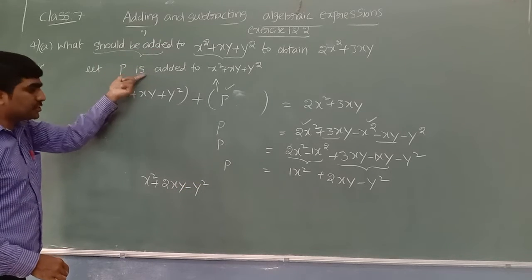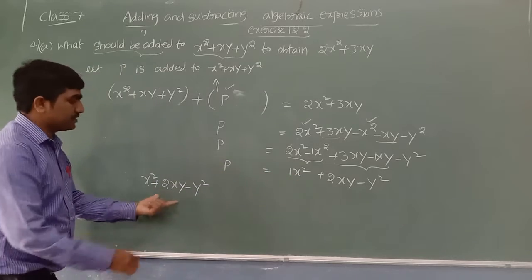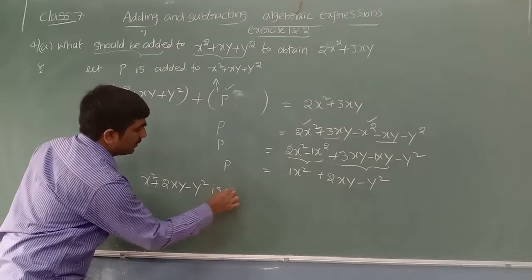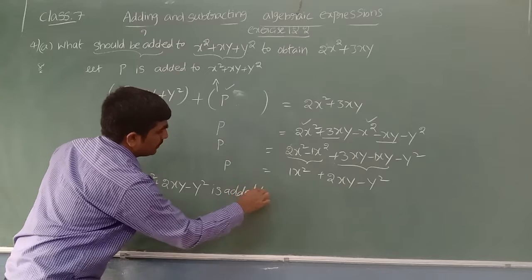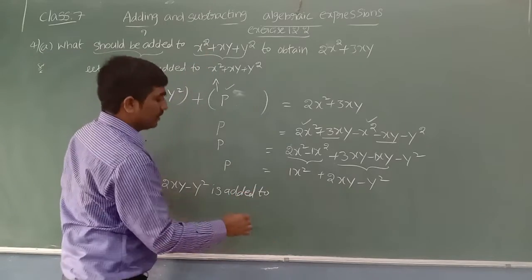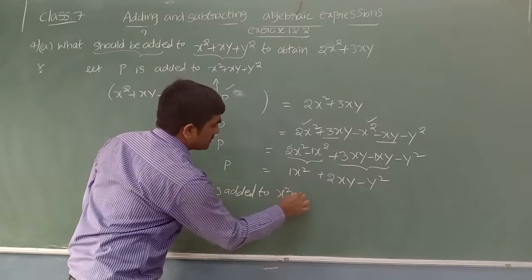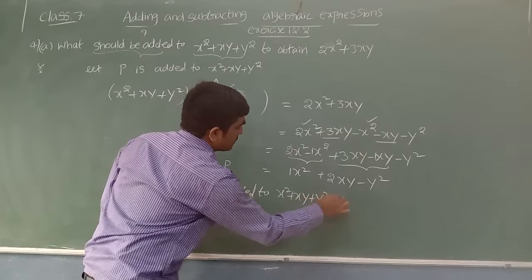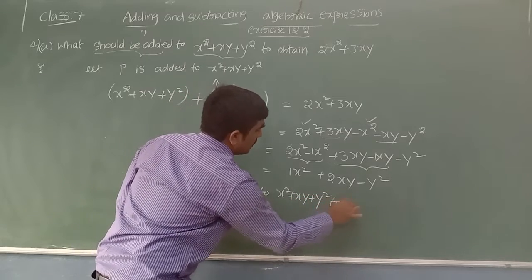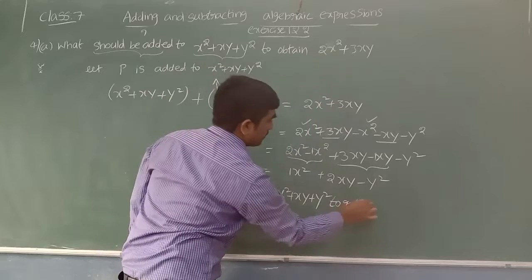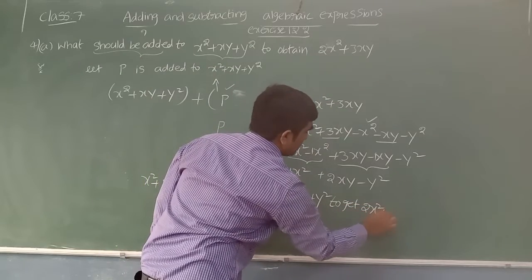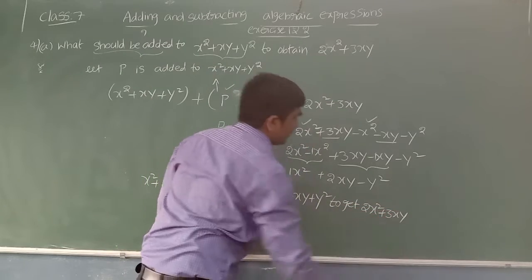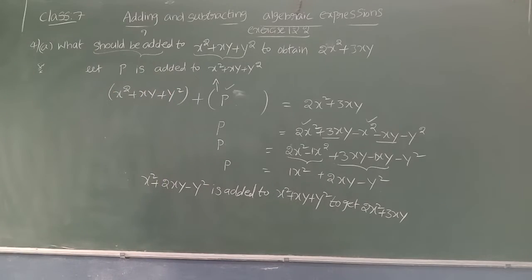P should be added. What is p? This one. So this is added to x square plus xy plus y square to get the result 2x square plus 3xy. Hope it is clear to everyone.